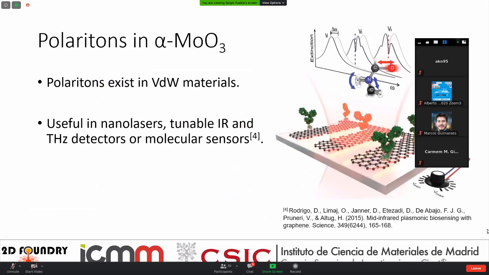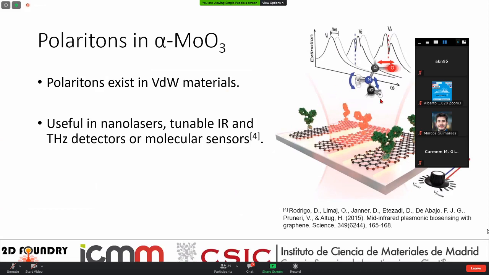Also, polaritons have been shown in van der Waals materials, and these polaritons have been seen to be useful in arrays, for example, and in infrared and terahertz detectors.